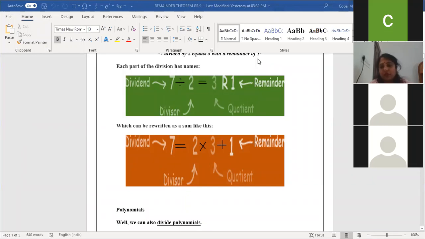In algebraic expressions, we learned addition, subtraction, multiplication, and division, and we repeated these last year. 7 is the dividend, 2 is the divisor, 3 is the quotient, and 1 is the remainder. So 2 into 3 plus 1 gives the dividend. Anyone have a doubt in the division algorithm?